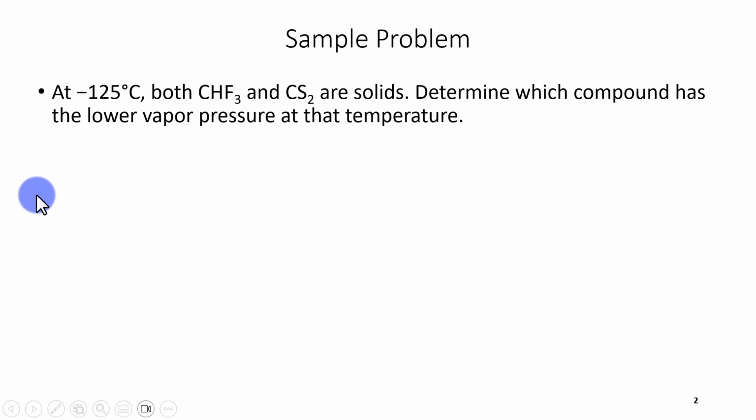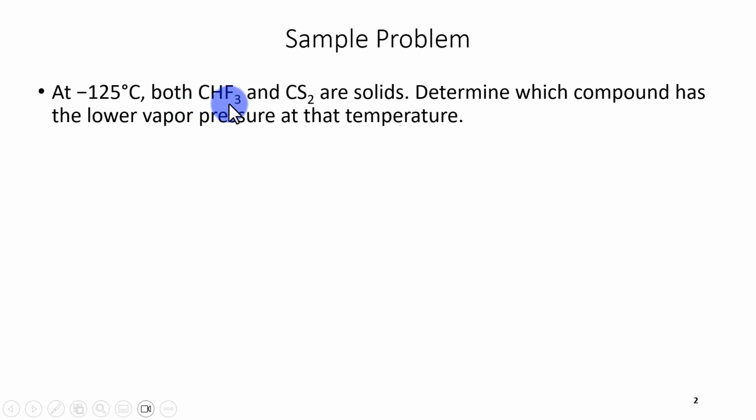Here's a sample problem for you to try. At negative 125 degrees, both of these molecules are solids. Determine which compound has the lower vapor pressure at that temperature. The first thing you're going to do is determine, obviously, which one will have the stronger intermolecular force.